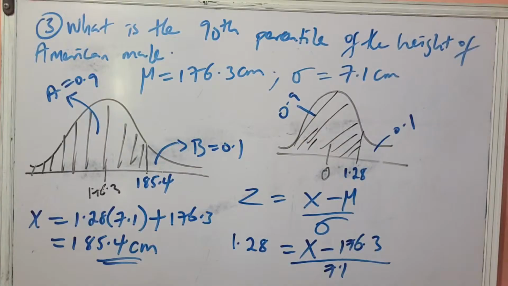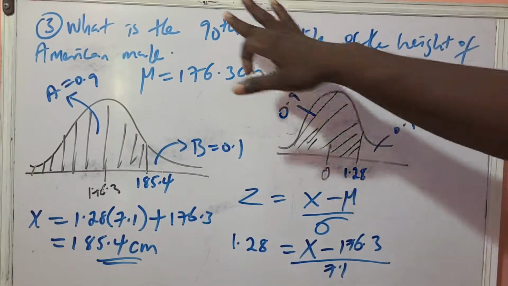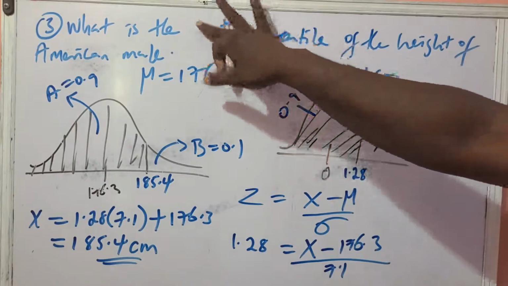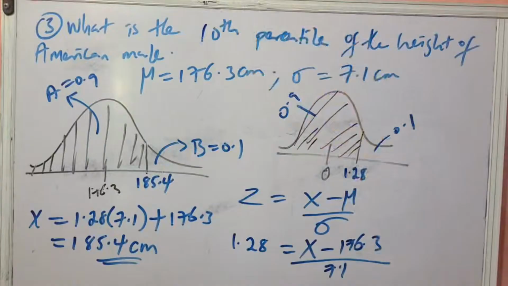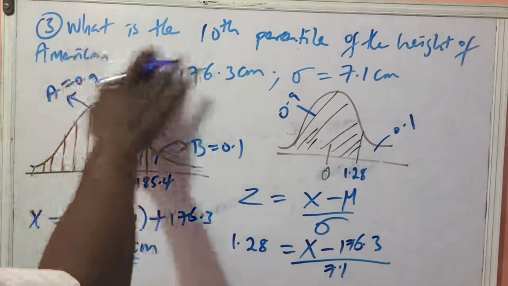In this case now, you are asked to find the 10th percentile. The 10th percentile is what you're asked to find here. And you're not dealing with adult American male now, you're dealing with adult American female.